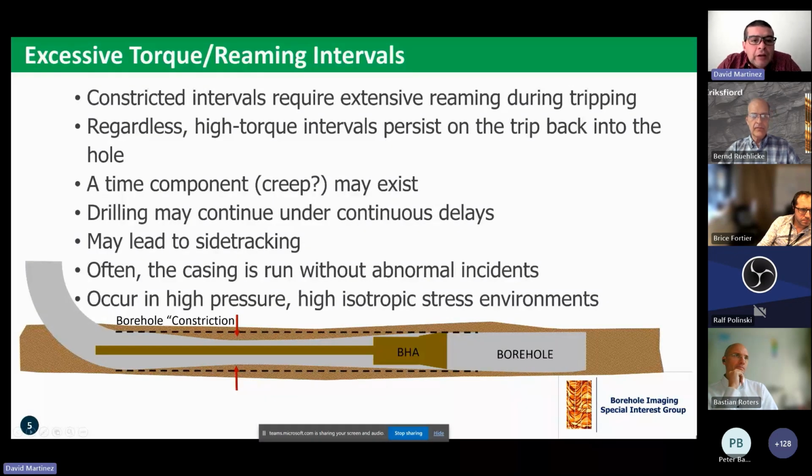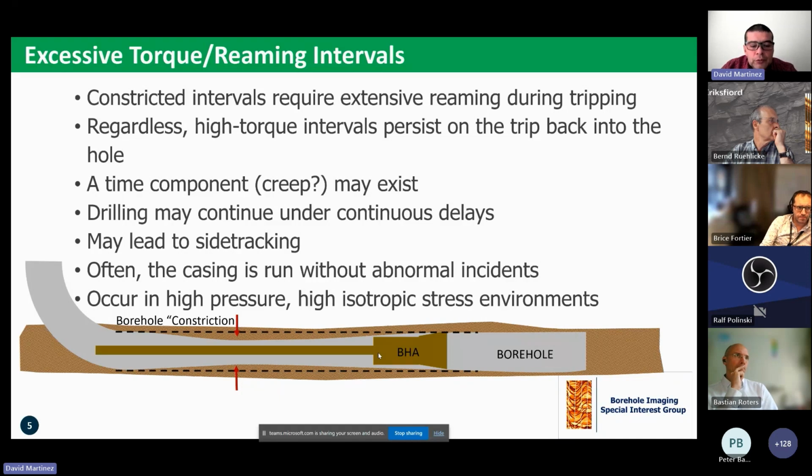Okay. On the other hand, we have sections on the borehole that require excessive reaming and that feature excessive torque to be able to trip through them. So one particular characteristic of this kind of issue is that even when you ream extensively on your way out of the hole to do a trip for whatever reason, once you come back in, you meet that constriction again.